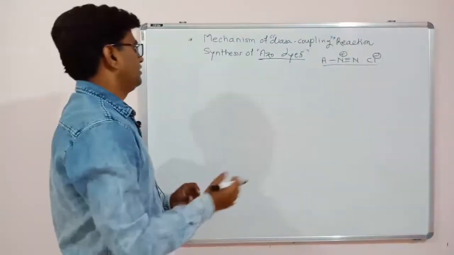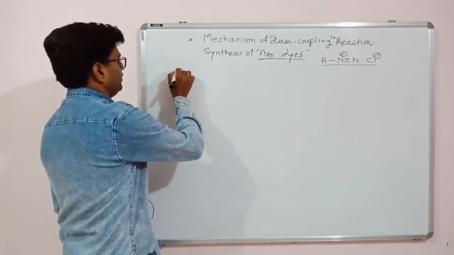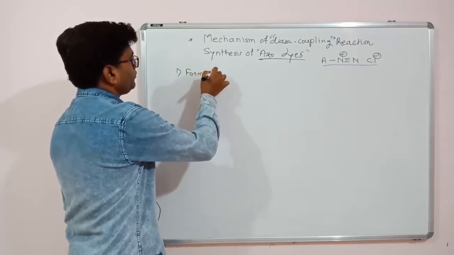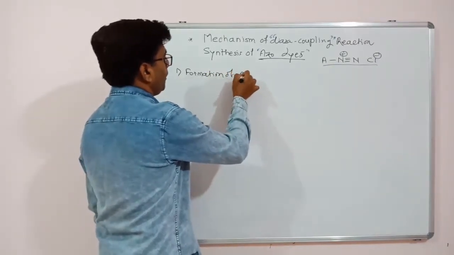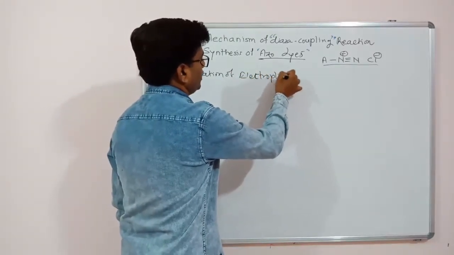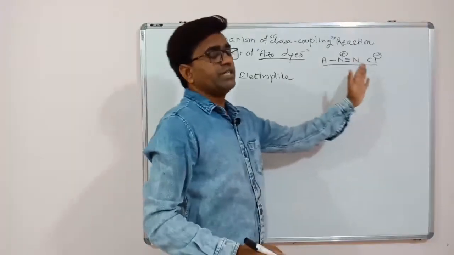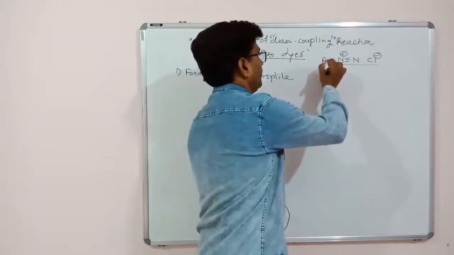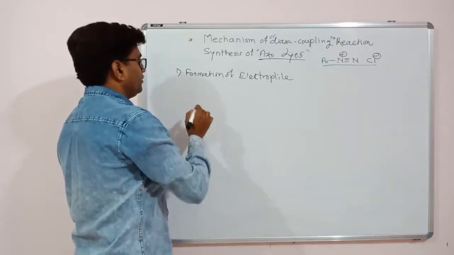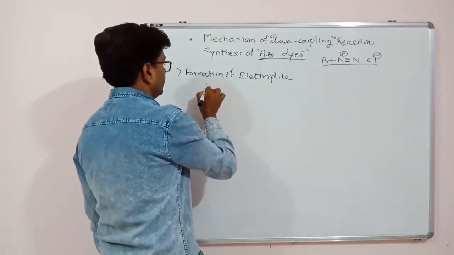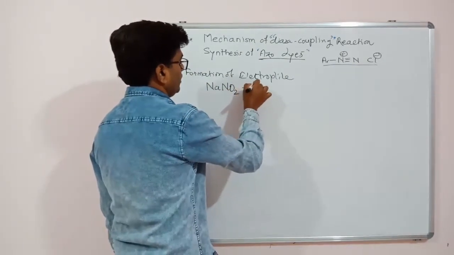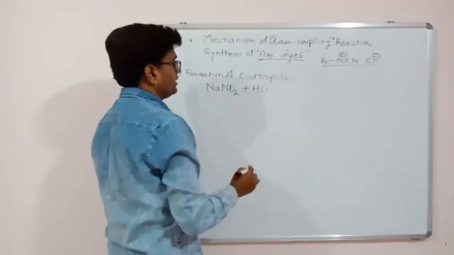The first step is the generation, or formation, of the electrophile, that is the diazonium ion chloride salt. For that purpose we have to use reagents like sodium nitrite, NaNO2, plus hydrochloric acid, HCl.